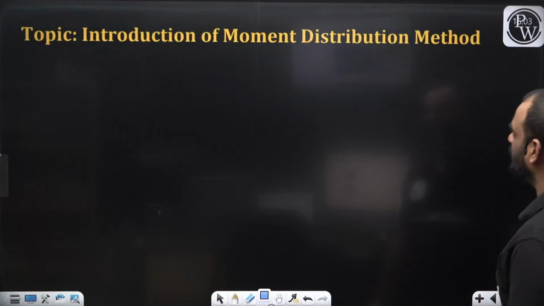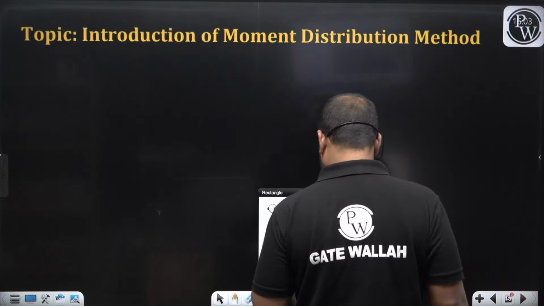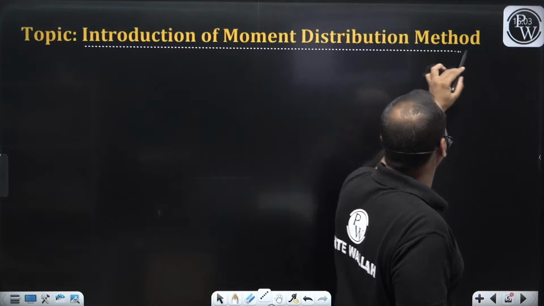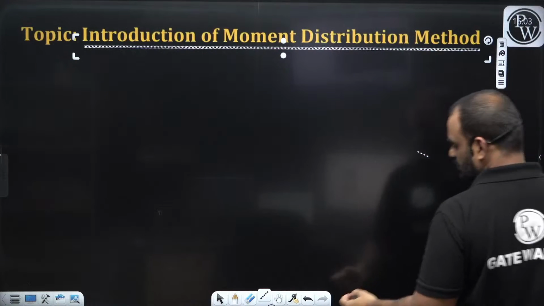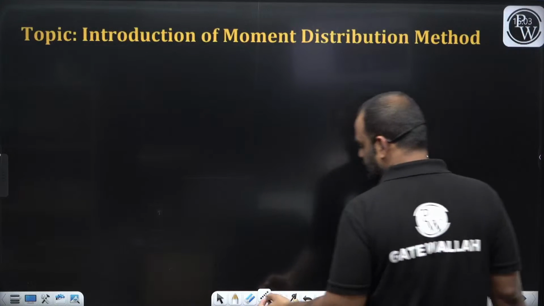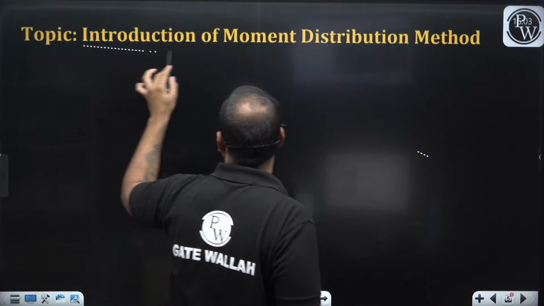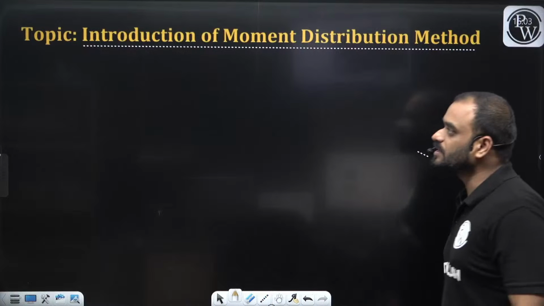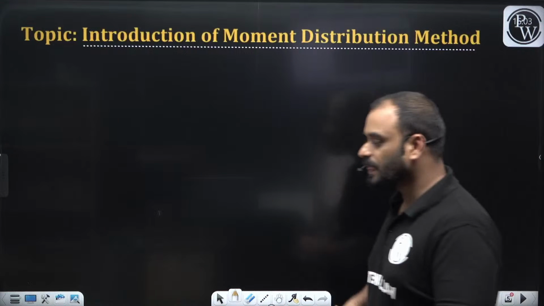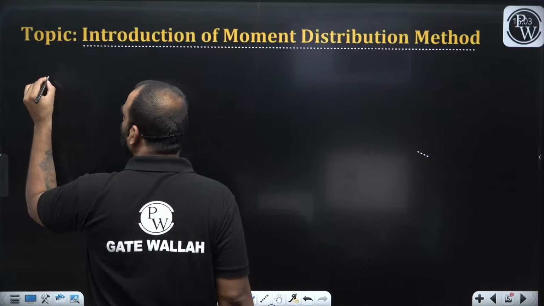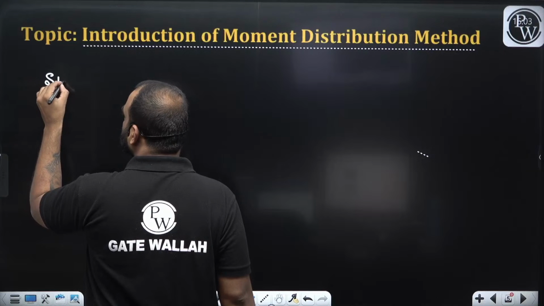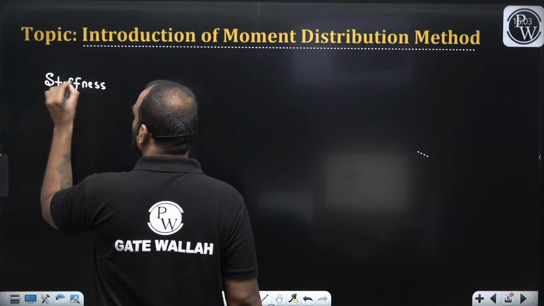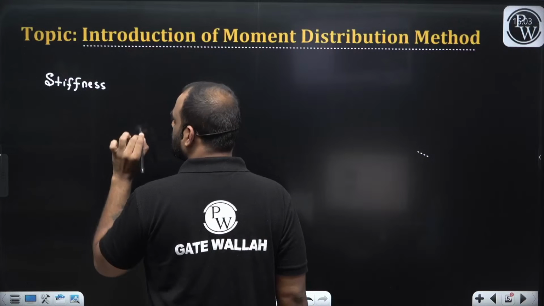So let us start this particular class, guys, and let us understand what the topics are which are required to understand the displacement method, or you can say basically our moment distribution method. So what are the various topics required to understand this particular method completely? First of all, guys, you should know what stiffness is, what you mean by stiffness, and how we can find out the stiffness, right?